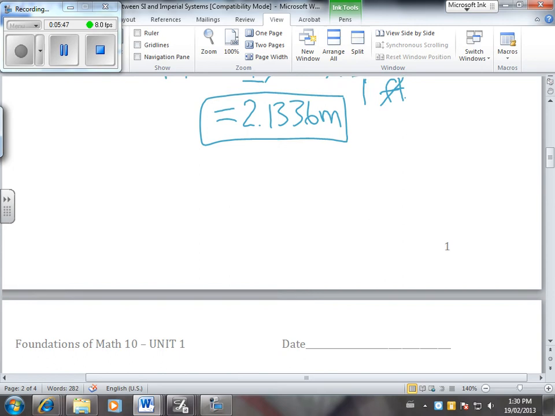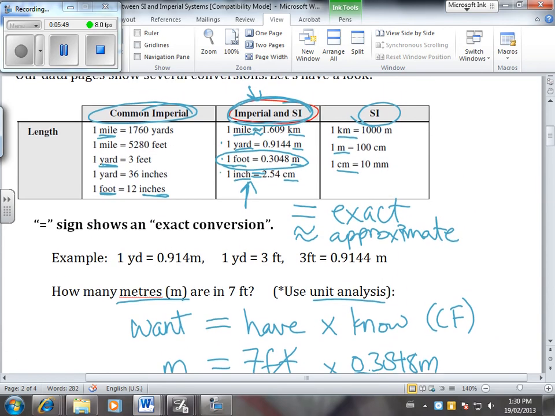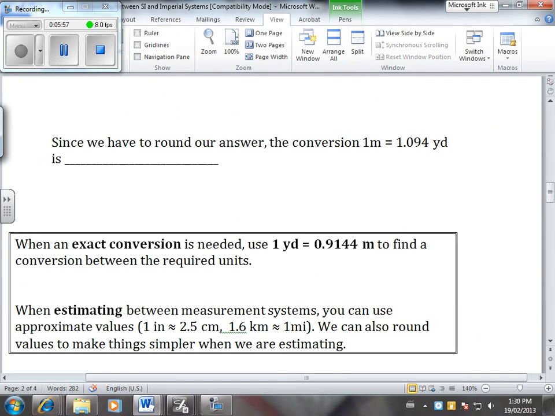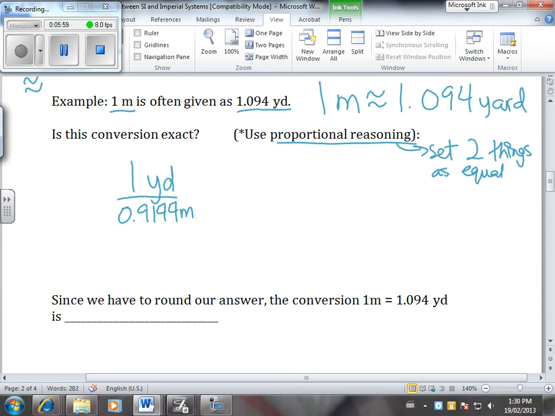And we know that because it's told to us. 1 yard right here equals 0.9144 meters. Okay. And then we're going to make our unknown, so x equals the number of yards.